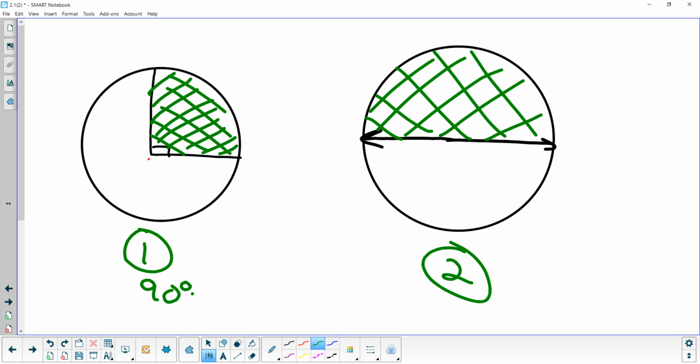If I took the size of the angle and doubled it, it doubled the size of the area that it represented. If you tripled it, it would triple the area. If you make the angle half as big, it would make the area half as big. So in other words, those are directly proportional. As the size of the angle changes, the size of the area changes directly with it in exactly the same way. Any question on that?